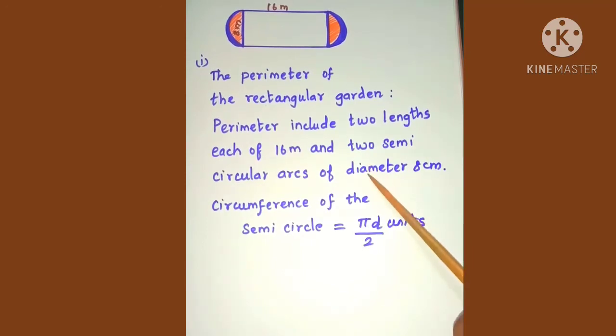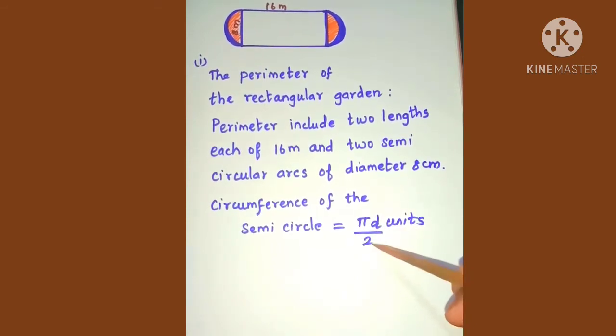So here the diameter is given. So the circumference of the semicircle formula will be 2 pi r. Instead of 2r, we can place it d. And pi d divided by 2 is the circumference of the semicircle. So here it is circumference of the semicircle. For one semicircle we can find.